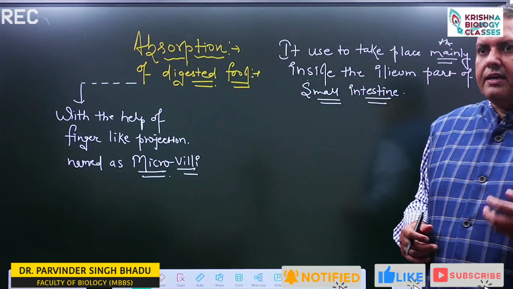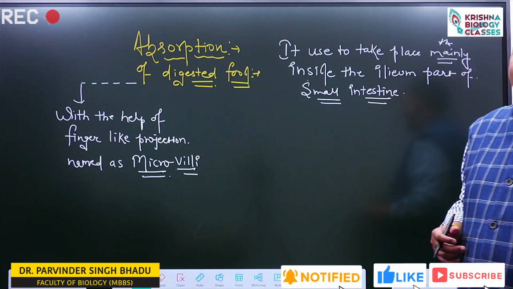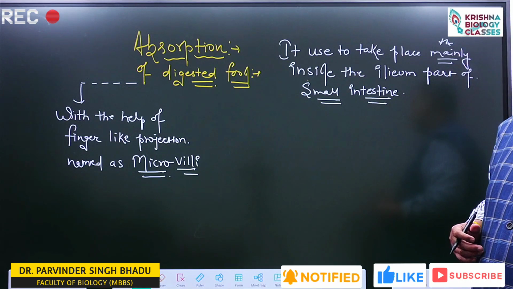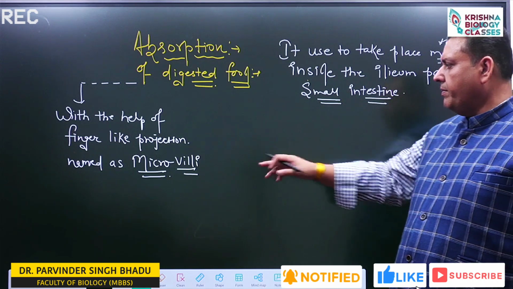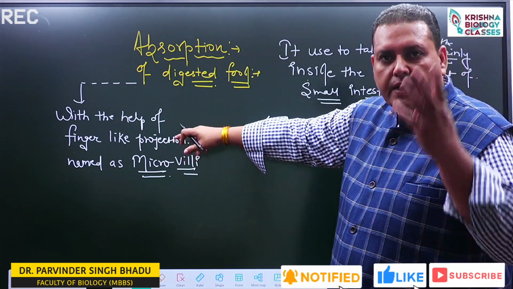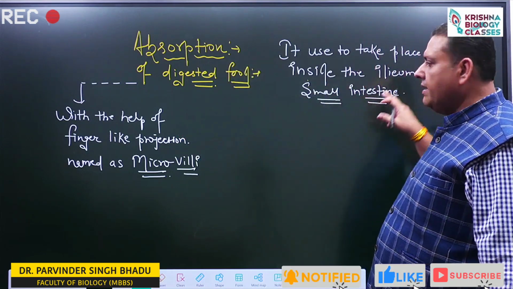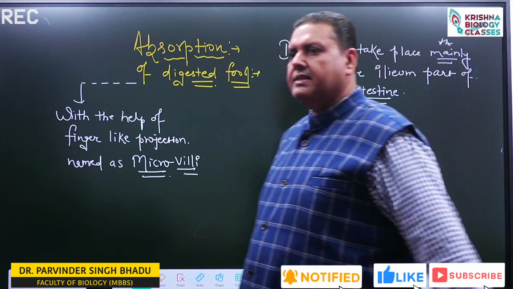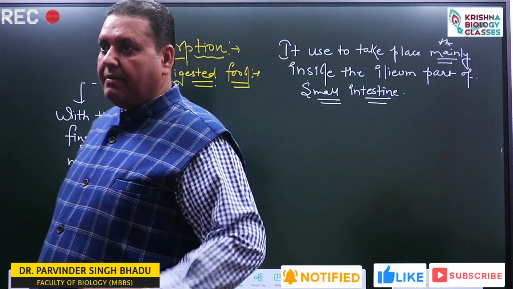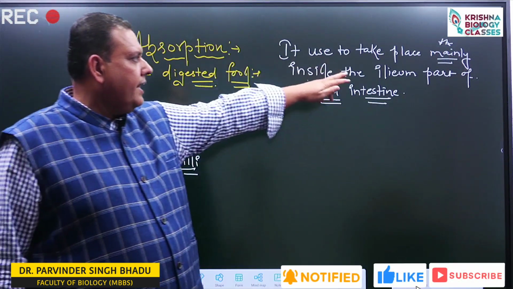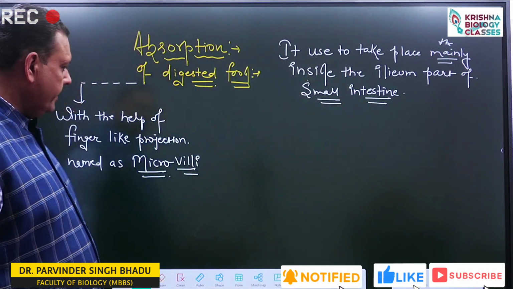Several times 2 marks questions are formed on this structure, microvilli. What exactly microvilli are, where they are located and what they do. So we need to remember that microvilli are finger-like projections present inside the entire small intestine, but their number is more inside the ileum region of small intestine.